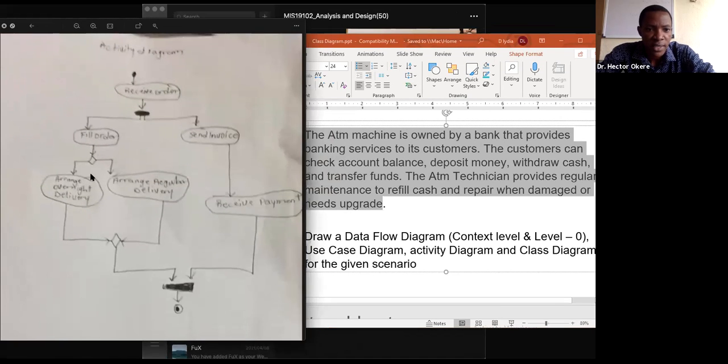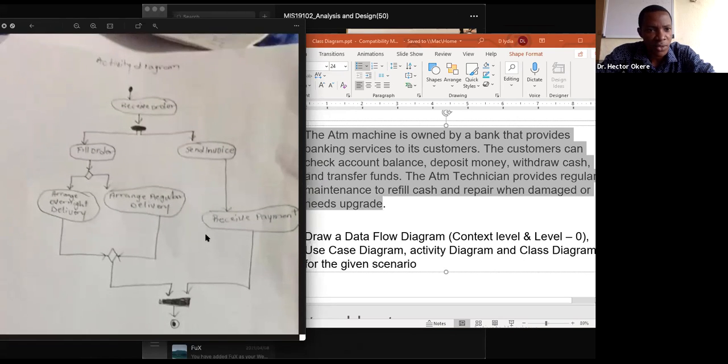These are two instances I gave. I gave an ATM scenario, and this is receive order, fill order, send invoice, arrange overnight delivery. So I don't quite get it. Is it that this student doesn't understand the scenario, or where did he get this information from?